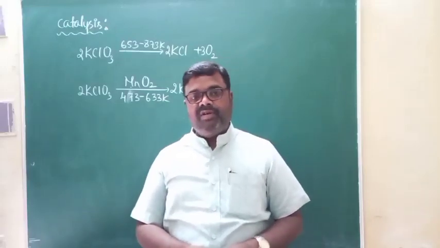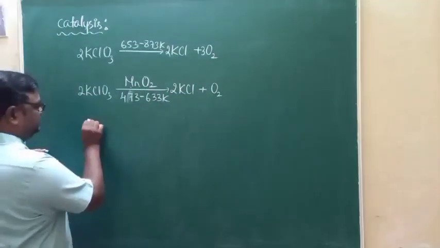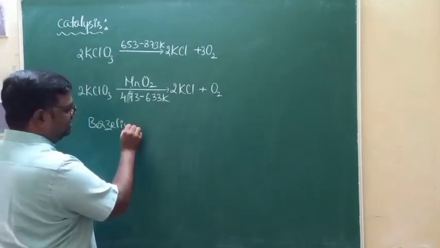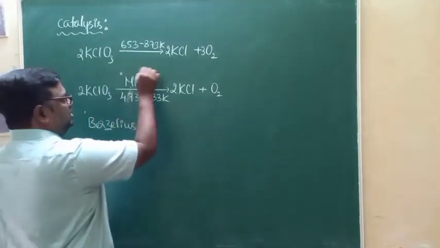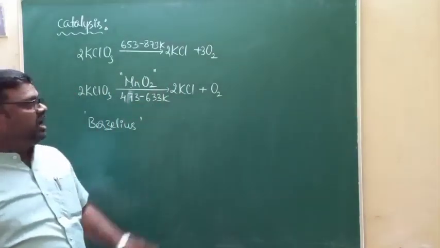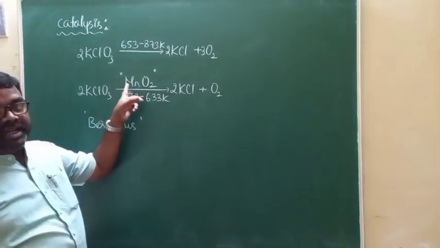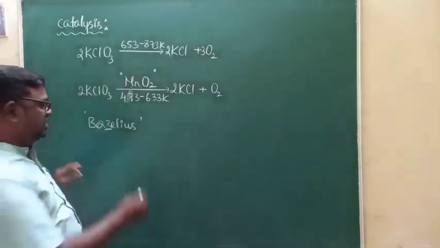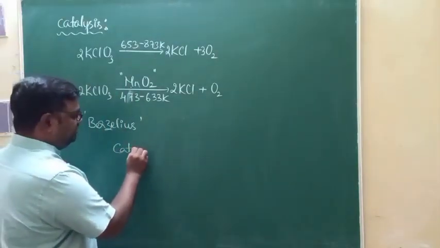For the first time, the scientist Berzelius studied the effect of such type of foreign substances on the rate of chemical reactions, and these substances, which accelerate the rate of chemical reactions, he called catalysts.